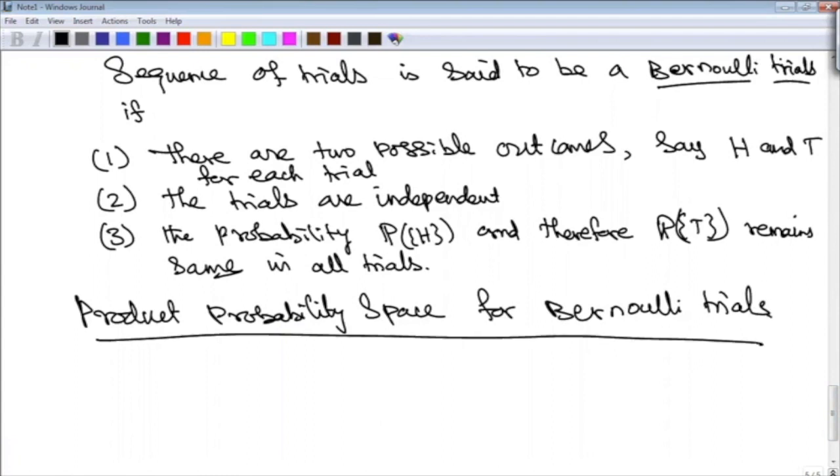So if you see, what is the sample set? So before that, let's consider n Bernoulli trials.